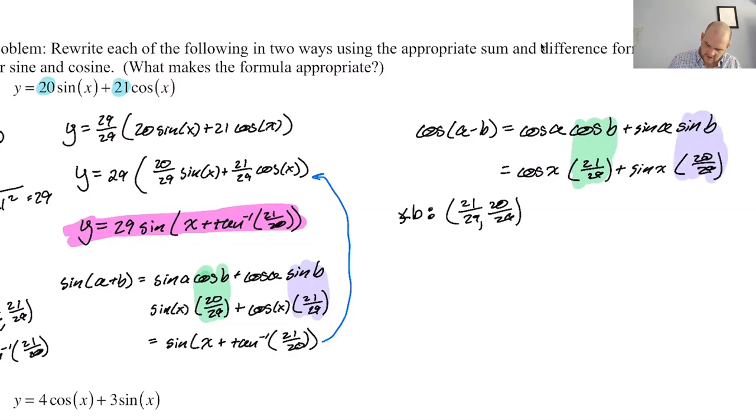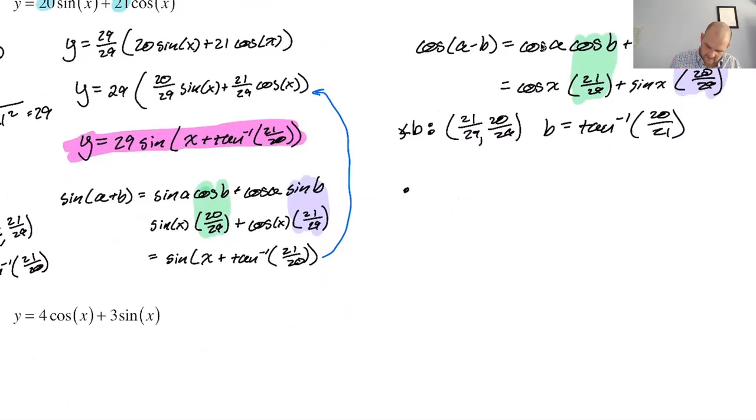And so B is equal to the tan inverse of 20 over 21. So we could also say that y is equal to, you need to keep the 29 that's there, and then cosine of x plus tan inverse of 20 over 21.